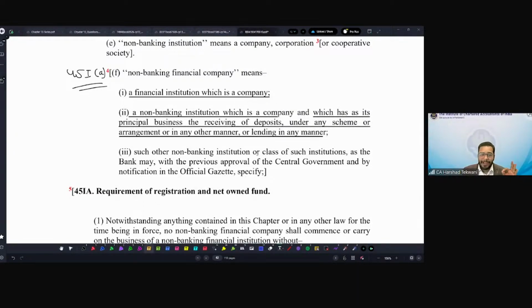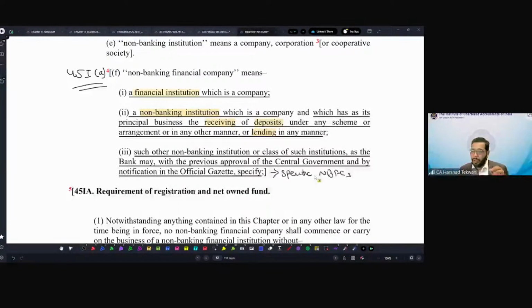So keywords I will pick up, that is the NBFC. And third one, may with previous approval of the central government and by notification in the official gazette specify special or specific NBFCs.